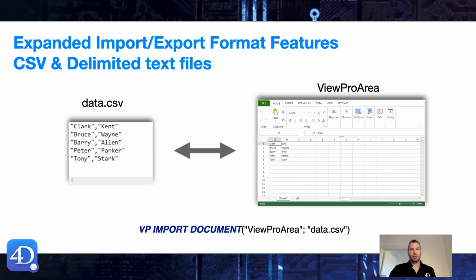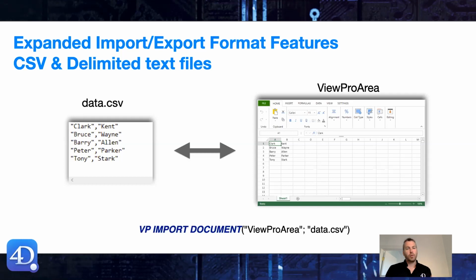So for example, you have some data that you need to import. It's given to you in a CSV file. You can now super easily, programmatically or through the application, import it using the VP IMPORT DOCUMENT command. As we all know, files come in all shapes and sizes, and importing them can be a hassle sometimes.